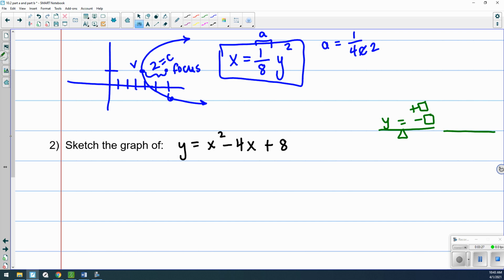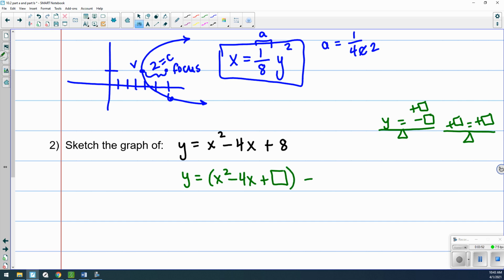Normally when we complete the square, we add a square to one side, and then we add that same square to the other side to keep our equation balanced. But when we're dealing with a function like y equals, we have to add and subtract on that same side to keep the teeter-totter balanced. Okay, so here we go. x squared minus 4x, and then I'm going to turn these x's into a perfect square trinomial.